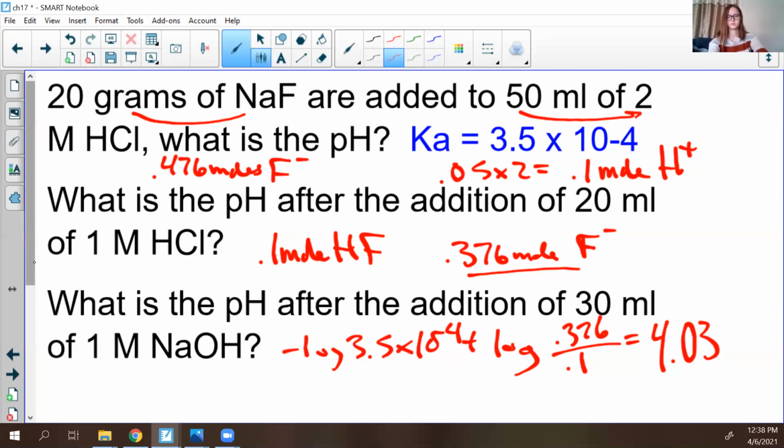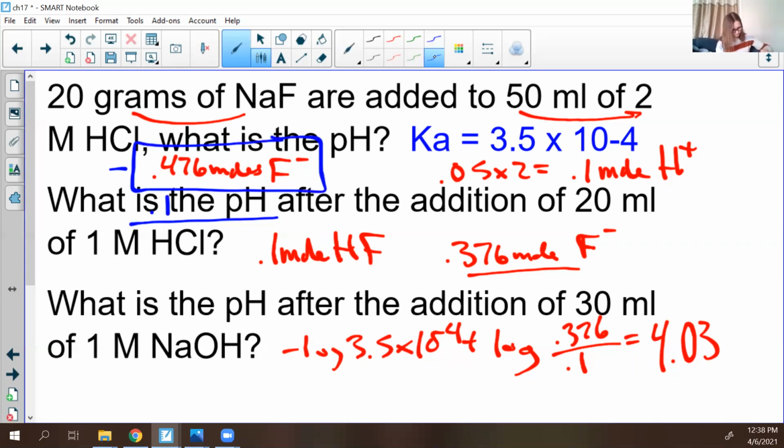You take your bigger number and subtract your smaller number from it. It's the difference between the two numbers. So the acid is always equal to the smaller value, and whatever's left over, the difference, is your conjugate.